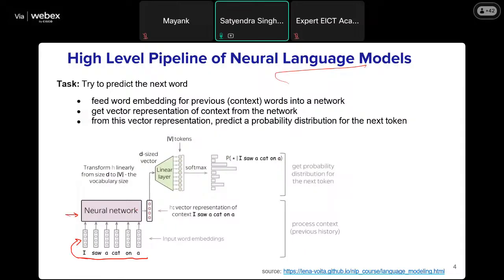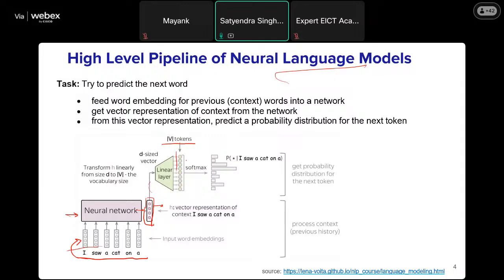Towards the end, the neural network generates a vector which hypothetically represents the context of those inputs, right? And that context is given to the linear layer. The linear layer could simply be a dense layer having output nodes equal to the number of tokens that you have in your corpus.